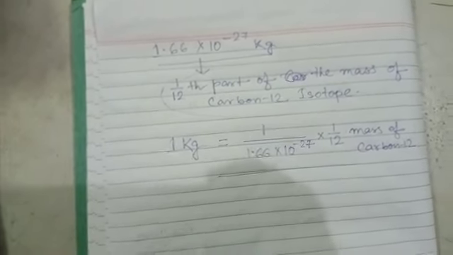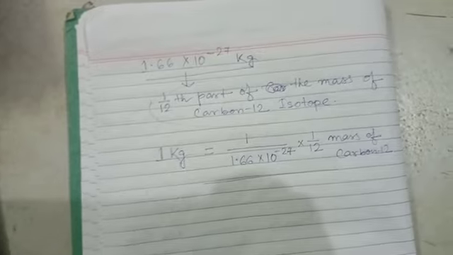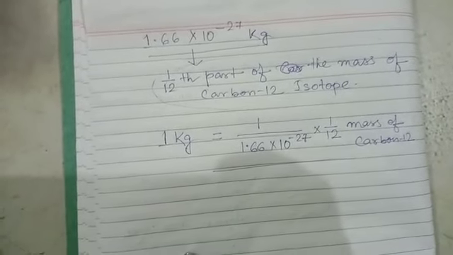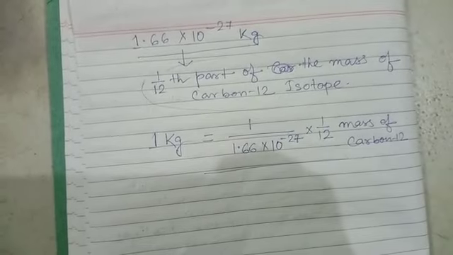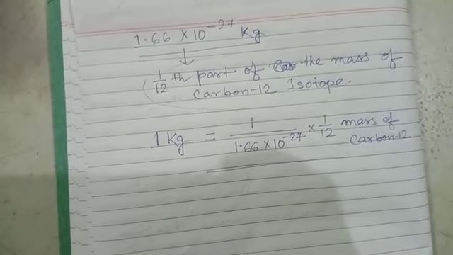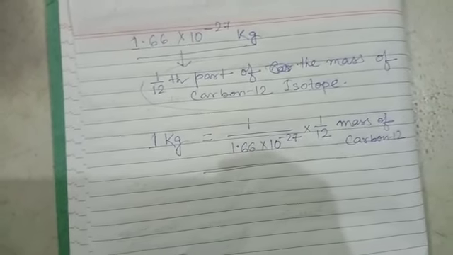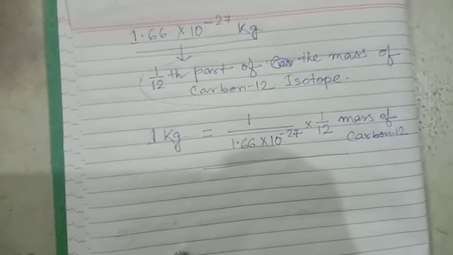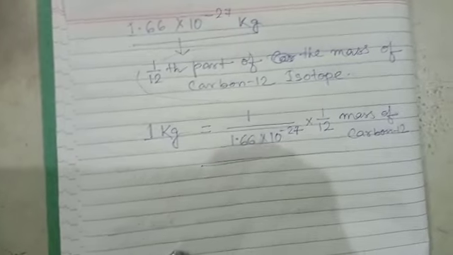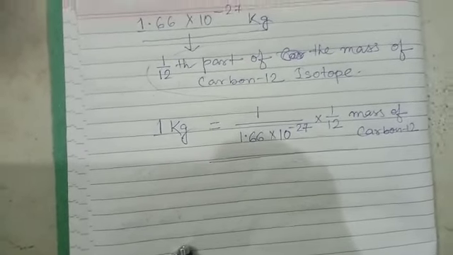Similarly, we can define the unit of time, that means second, like that. It is the duration of 9,192,631,770 periods of radiation corresponding to the transition between two hyperfine levels of the ground state of the cesium-133 atom.